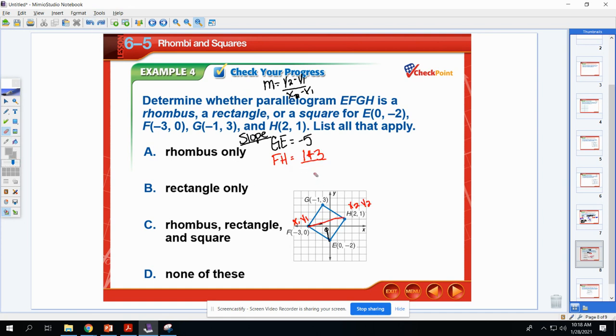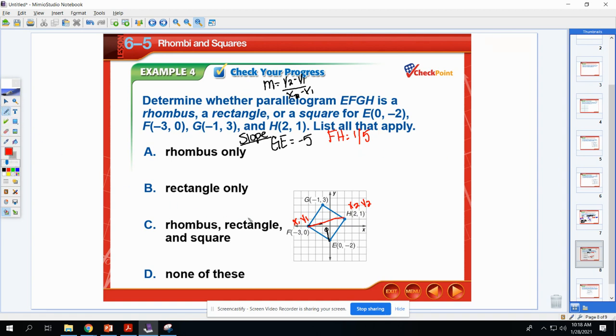So 1 minus 0 on top, 2 minus a negative 3, or 2 plus 3 on the bottom. Oh, I'm sorry about that, little mistake there, I threw the wrong y. So here we're going to get 1 over 2 plus 3, which is a positive 1 over 5. So GE is negative 5, FH is positive 1/5. So hopefully you guys can see here, again, we have some negative reciprocal slopes.